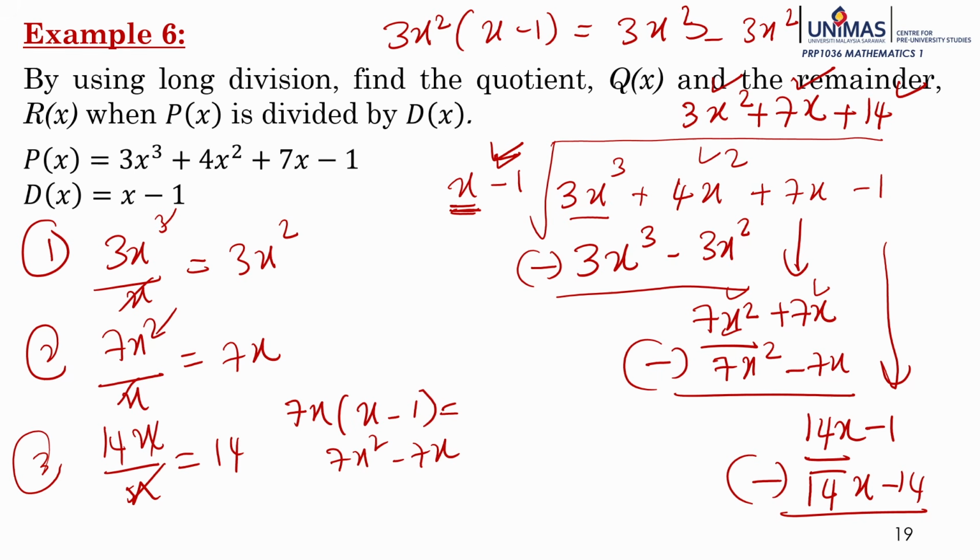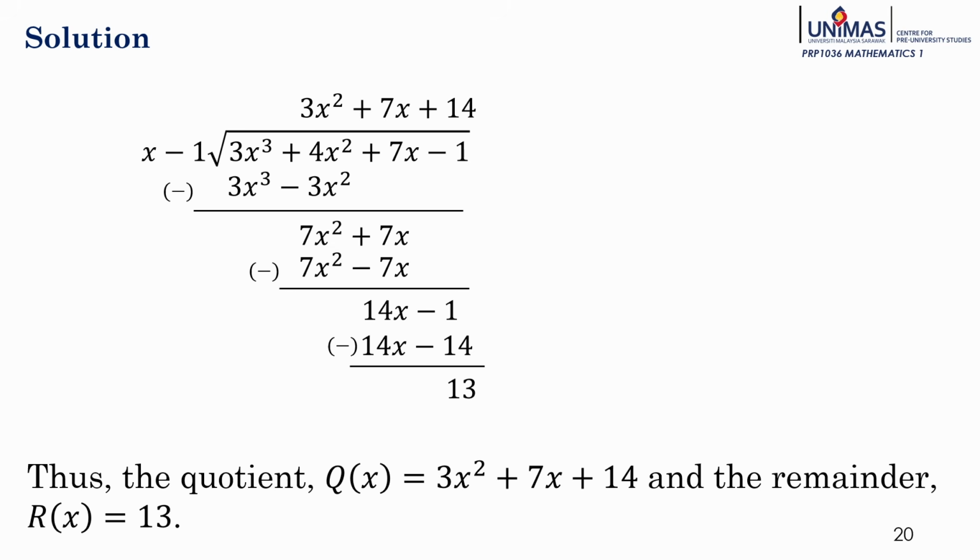So here is 0. So negative 1 minus negative 14, we get the answer 13. Okay, so this is the final answer. We can say that the quotient is q(x) equal to 3x squared plus 7x plus 14, and then the remainder is 13.